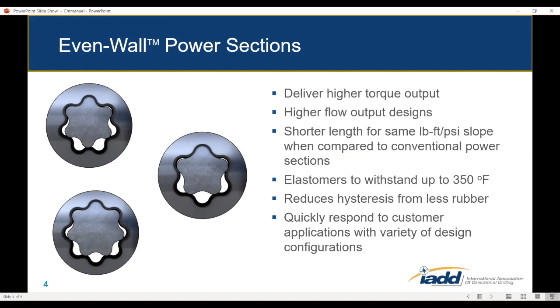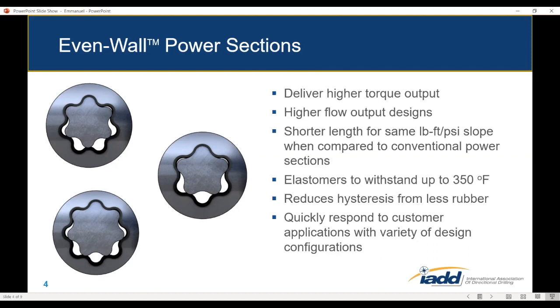For the same length of even wall and conventional, you can generate more slope of pound-foot to PSI as you talk about differential. So we're able to get shorter motors, shorter length, between 30 to 35 foot on the entire motor. Elastomers will be able to see more than 350.